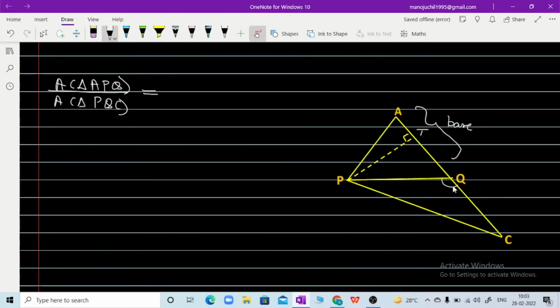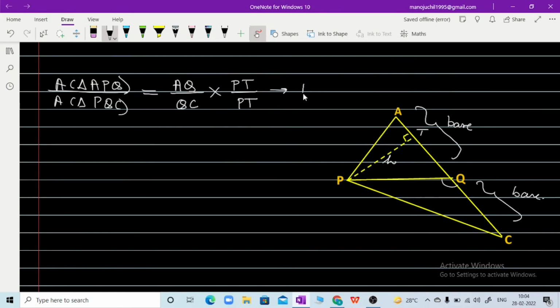And for obtuse triangle PQC, the base is QC. For the first triangle APQ, from vertex P we have drawn a perpendicular. PT is the height. Again, for obtuse triangle PQC, we have the same height, PT. So if I apply the property here, area of triangle APQ upon area of triangle PQC, I get base upon base, AQ upon QC, into height upon height, that is PT upon PT.